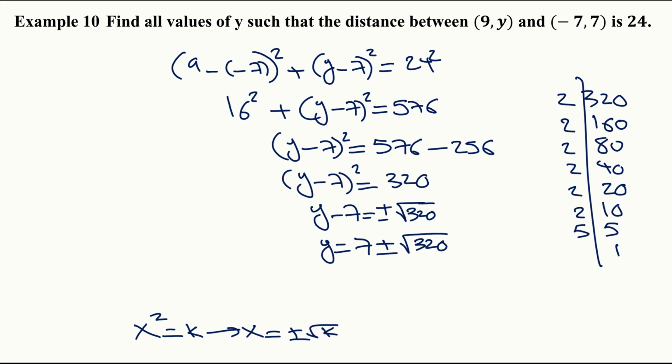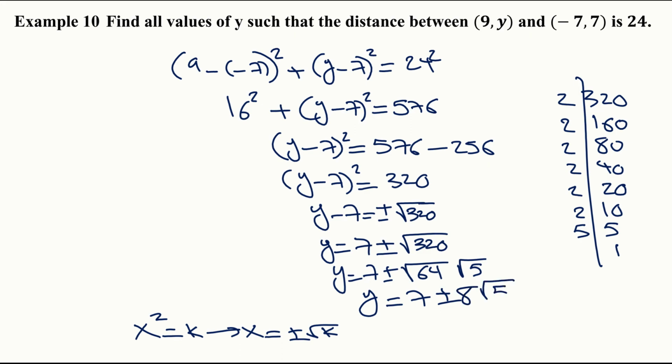So this can be written as square root of 64 times the square root of 5, right? And we get y equals 7 plus or minus 8 radical 5, just like that.